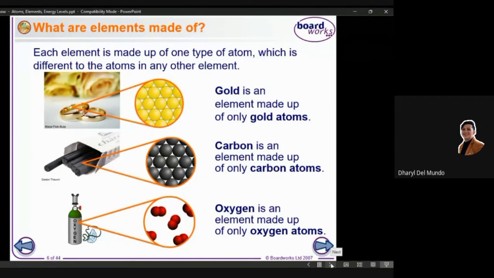We have copper, can be found in wirings, and a lot of elements that can be found at home and even outside your houses. Whether you are inside your bathroom, inside your bedroom, or whether you travel anywhere, you can find elements in everything.